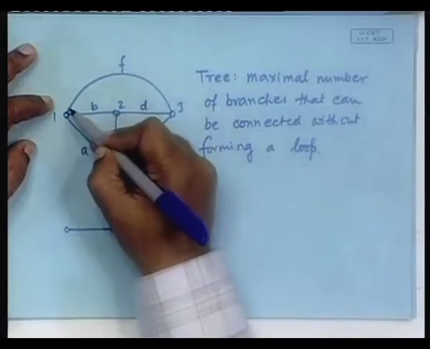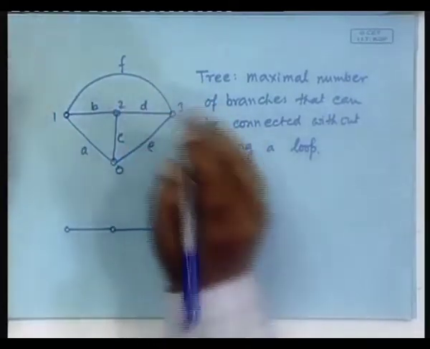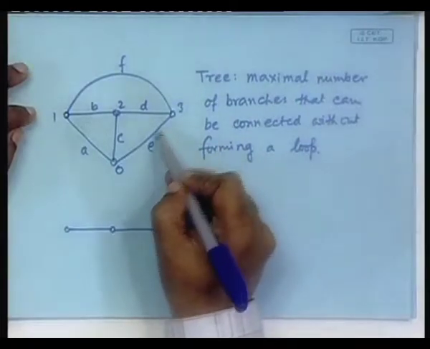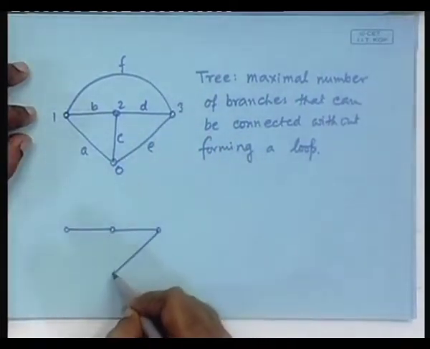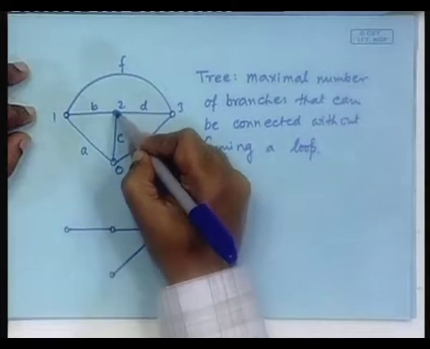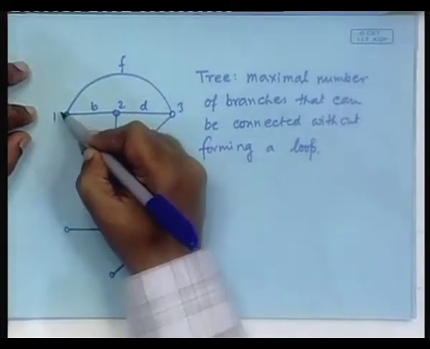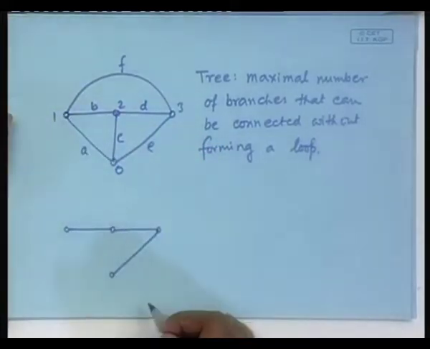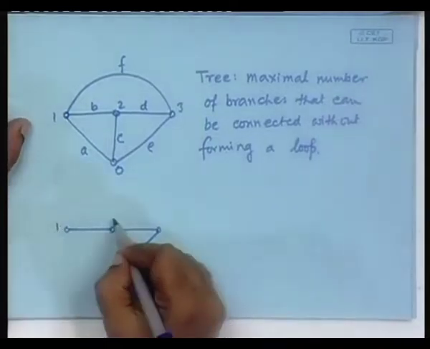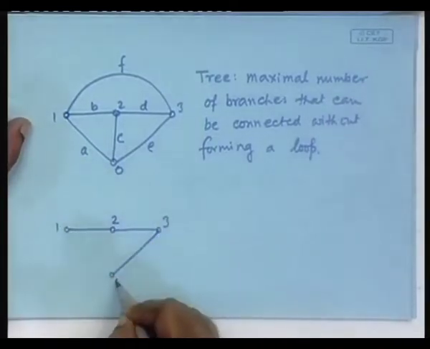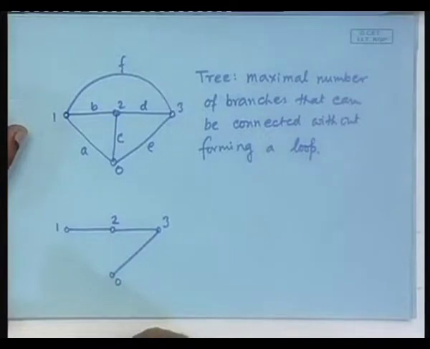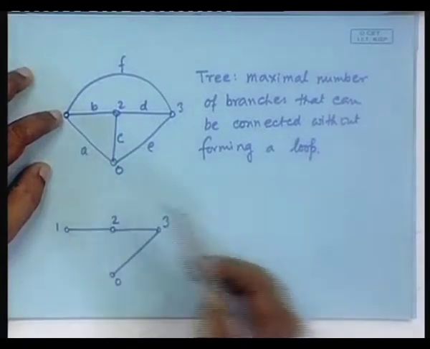If we go along that, we complete a loop, we cannot do that. Then we can come back along this, but if we do this, it will be completed. If we do that, it will be completed. So, that completes a graph. So, 1, 2, 3, 0, that is one possible graph, one possible tree.